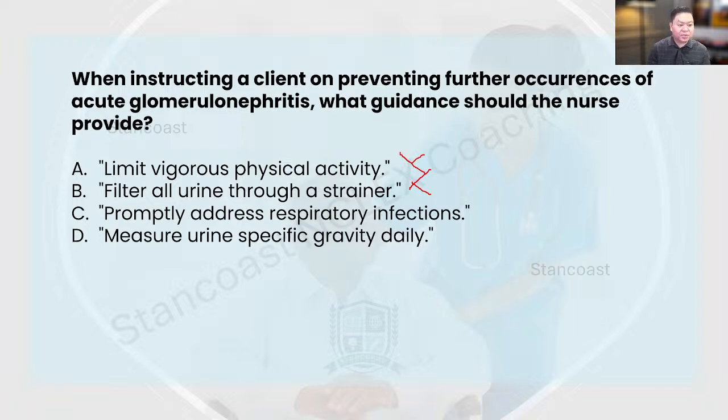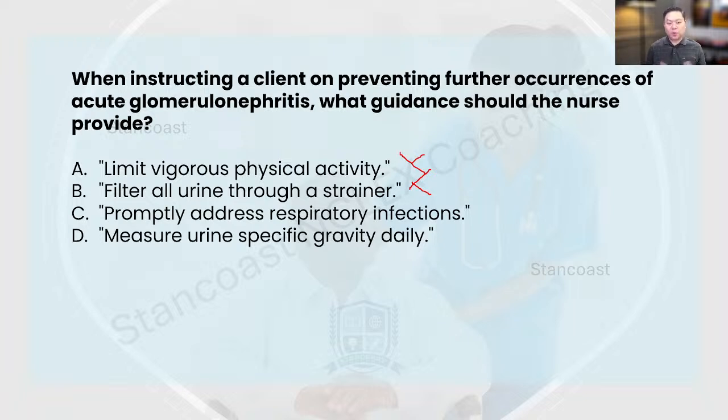Now let's take a look at letter D, measure urine-specific gravity. Monitoring the urine-specific gravity is going to assist in assessing hydration status, but it does not play a role in preventing the glomerulonephritis. It doesn't. Okay?